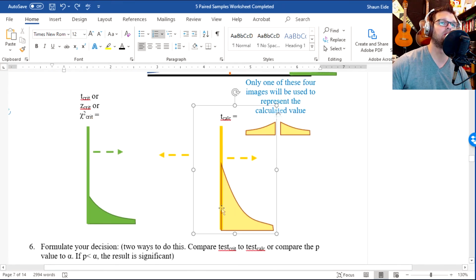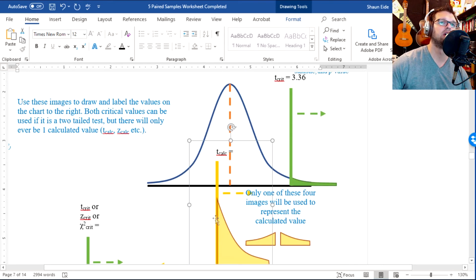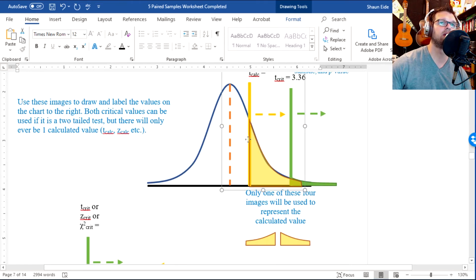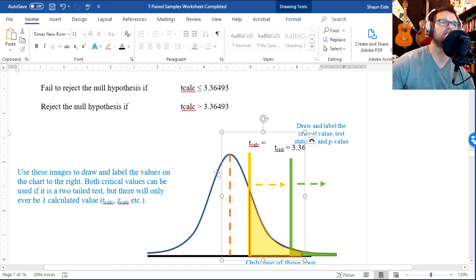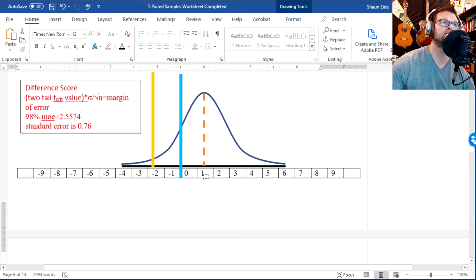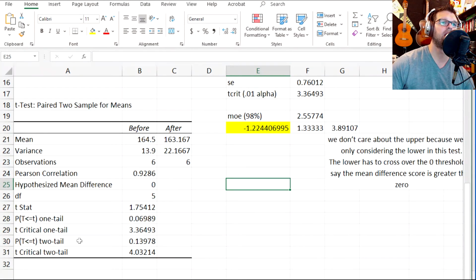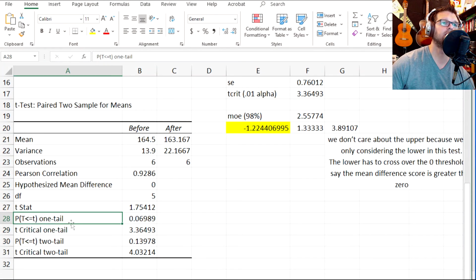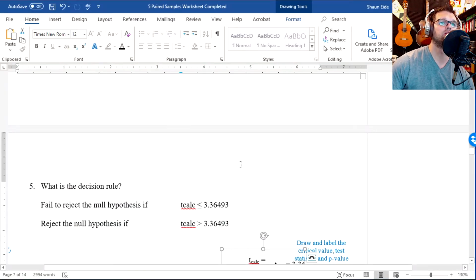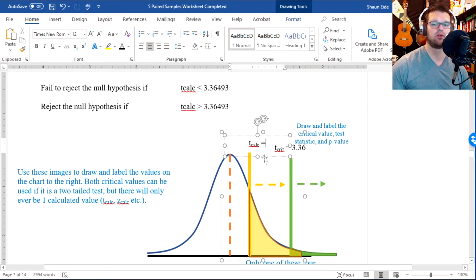But what is it? So I'm going to go ahead and bring this up here, and I'm going to put t-calc right about there. And so what is t-calc? Let's go back over here, and so we're actually going to find t-calc, and t-calc for a one-tailed test, let's see here, the t-statistic is 1.75412. So I'm going to go ahead and put it right here, equals 1.75412.